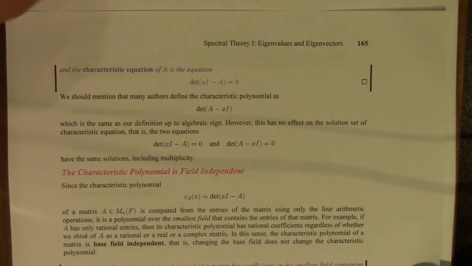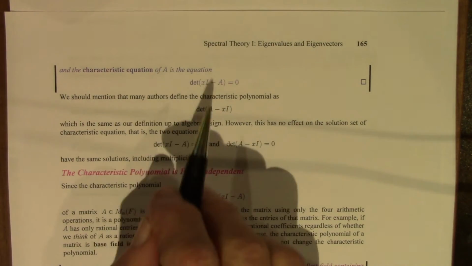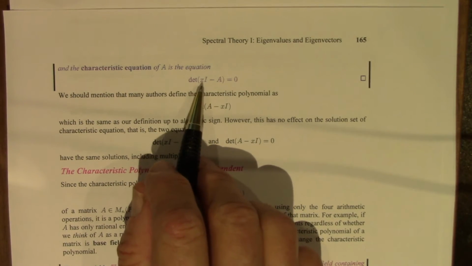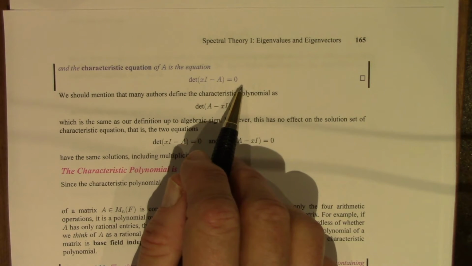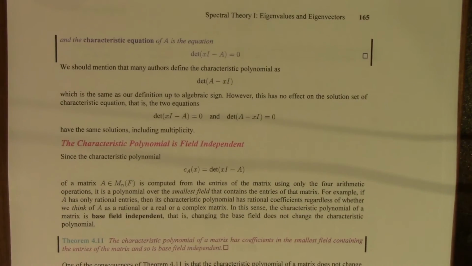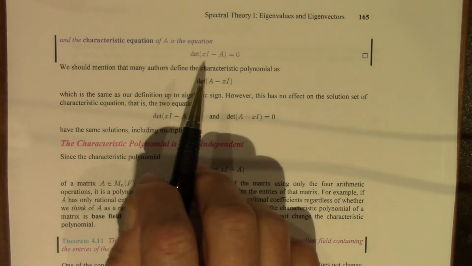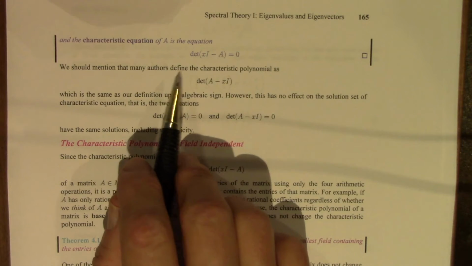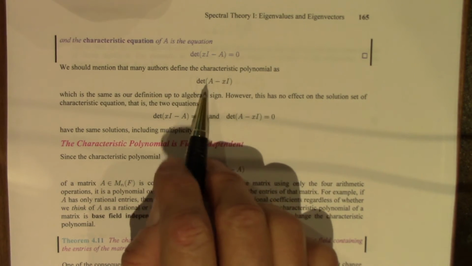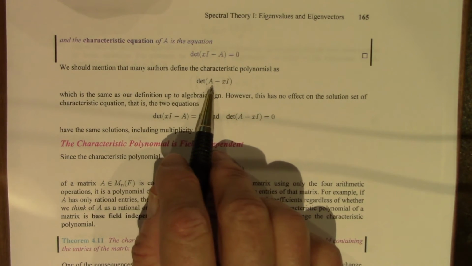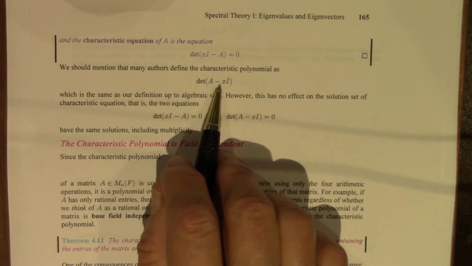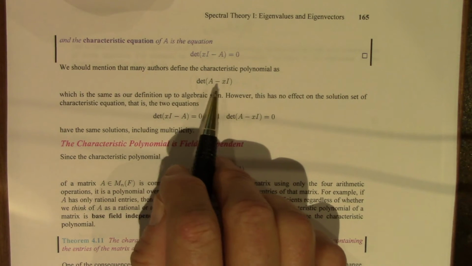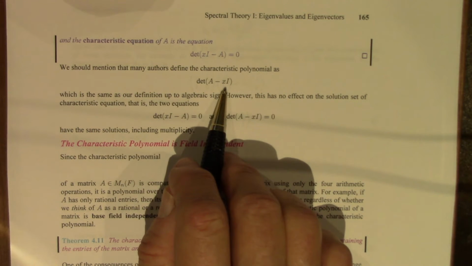The characteristic equation of the matrix A is just found by setting the characteristic polynomial equal to 0. It's worth mentioning that many authors define the characteristic polynomial as the determinant of the matrix A minus xI rather than xI minus A. So it's the negative of what we have used in our definition.